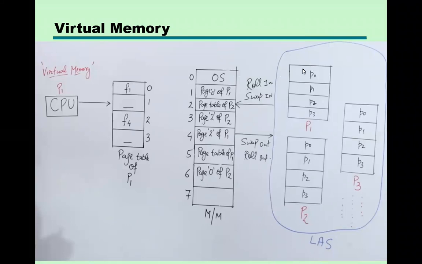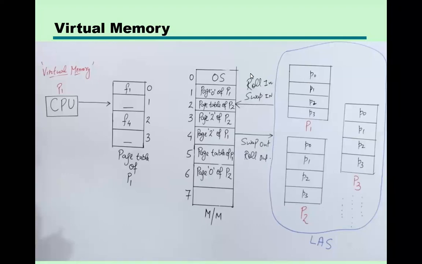Your whole process is divided into pages, like this is the P1 process, this is the P2 process, this is the P3 process. Your process is divided into pages, and your frame size and page size must be the same, so that your page can be loaded into the frame, right?